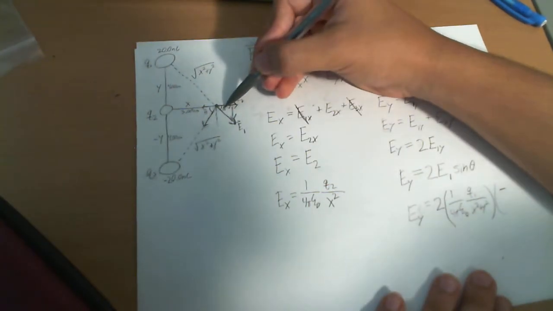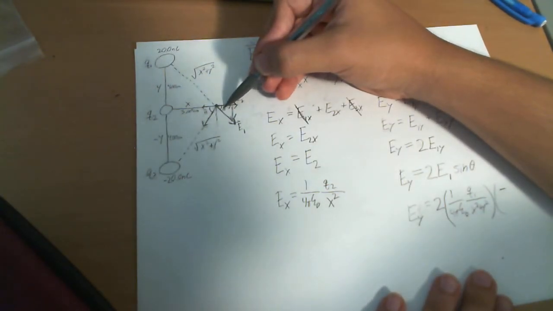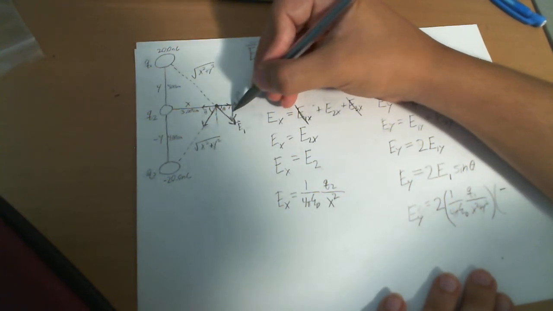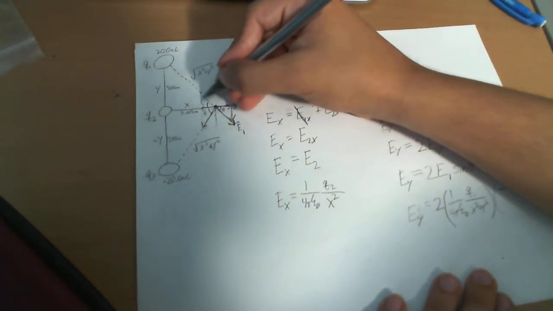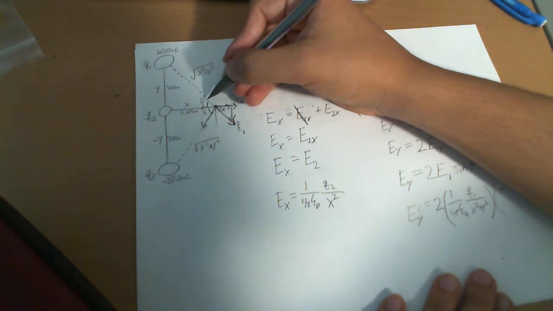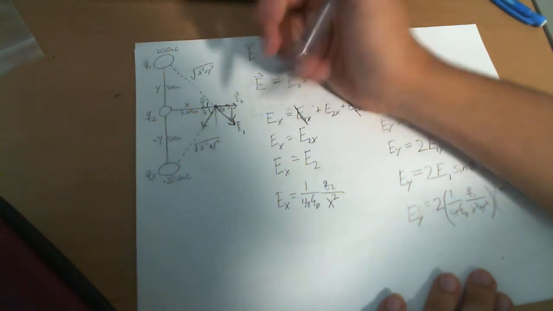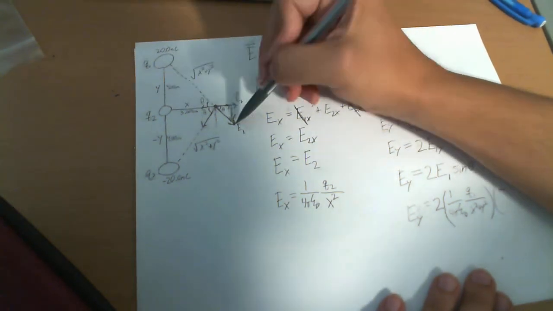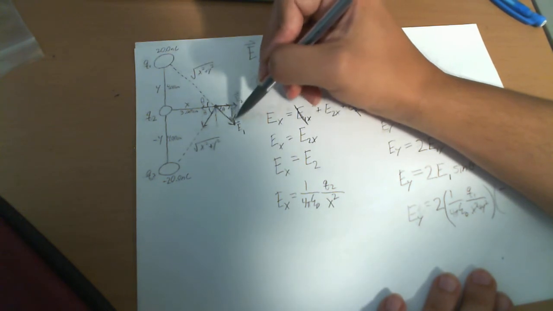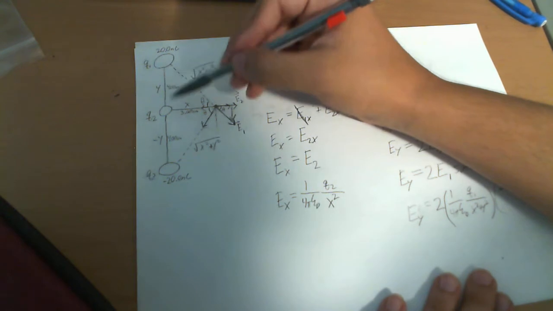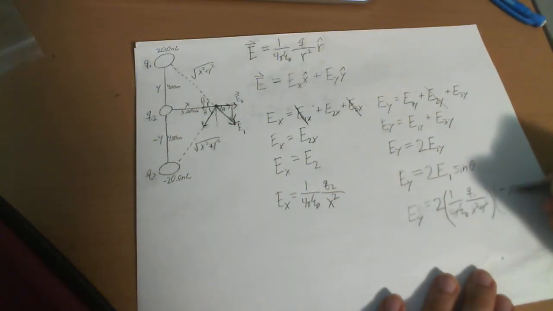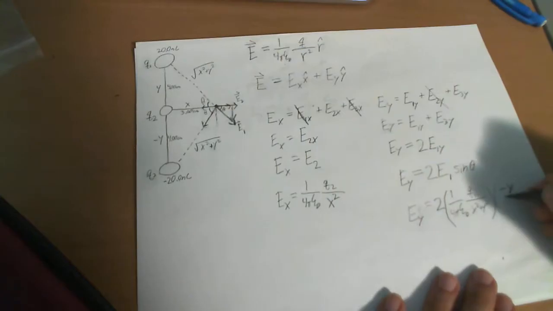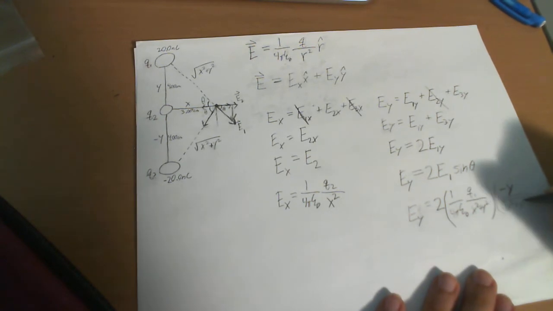So the sine of theta is equal to opposite over hypotenuse, right? From SOHCAHTOA. From vertical angles, this is also theta, right? And so we get sine of theta is opposite, which is y. But notice it's in the negative direction, right? So it's going to be negative y over the hypotenuse, which is the square root of x squared plus y squared.